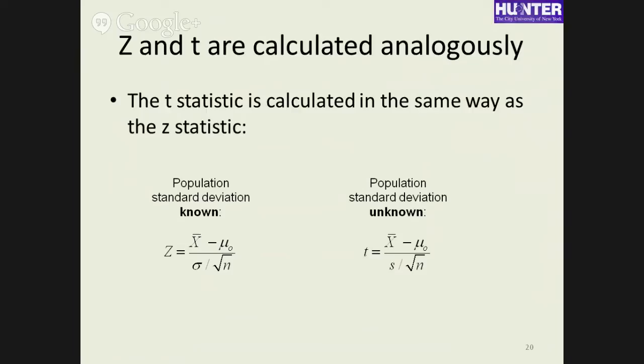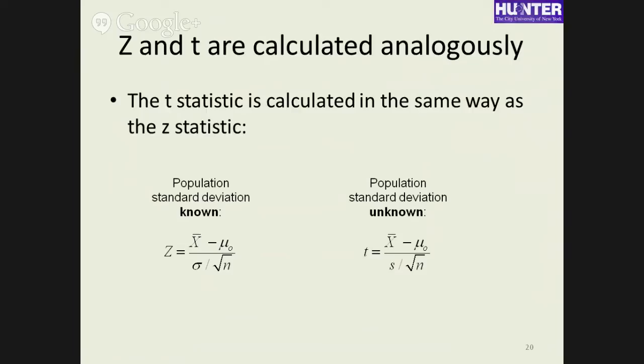When the population standard deviation is known, you subtract the population mean and divide by sigma over square root of n, which is our known exact value of the standard error for the sampling distribution of size n, and we will interpret that as a z statistic. Those values will be z distributed. If you were to repeat the experiment over and over, this would have the z distribution that you can look up in your table.